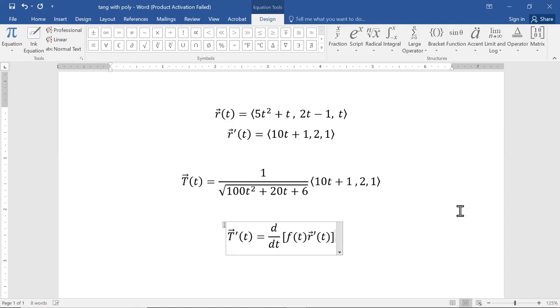So what I'm going to do is use the product rule to take my derivative.